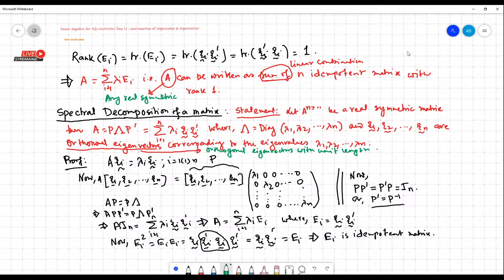Ruchira, please tell me. Can I rub this portion? Okay, Ruchira. Thank you.